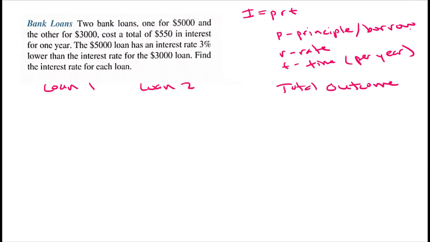So we have two loans, one for 5,000, the other 3,000, and they cost a total of $550 in interest for 1 year. So the output of this is 550. We know one loan is $5,000. So let's write that down. You know what? I'm going to use a different color here.